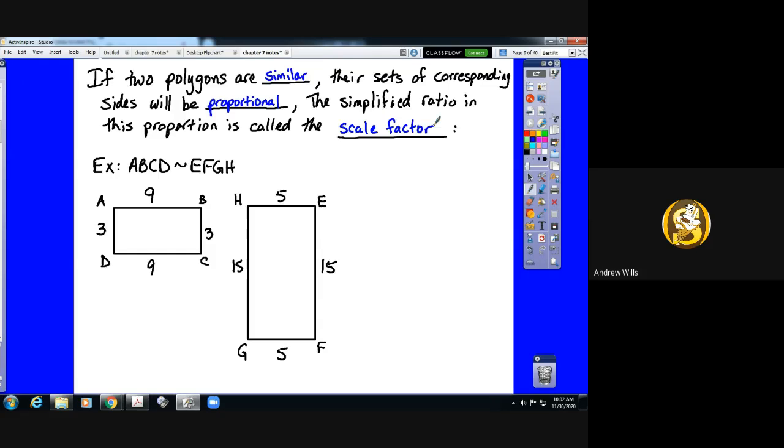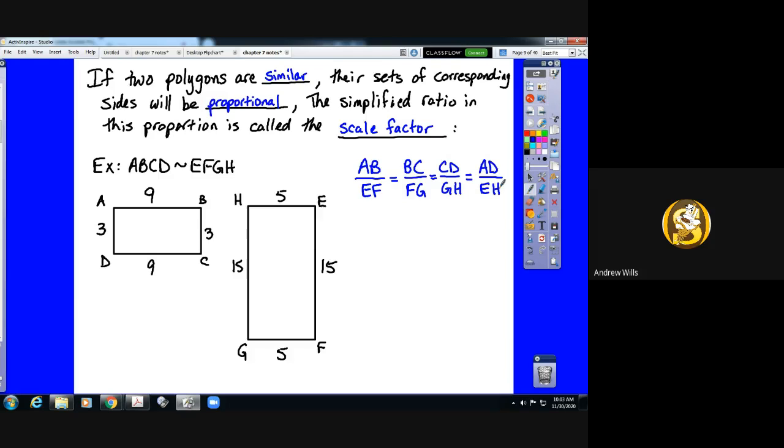So we should be able to set up the proportion AB is to EF, that's the first 2 letters in each name, is to BC over FG, the second and third letters in each name, equals CD over GH, that's the third and fourth letters in each name, equals the first and last letters, AD over EH. This is the proportion that that similarity statement says is true.